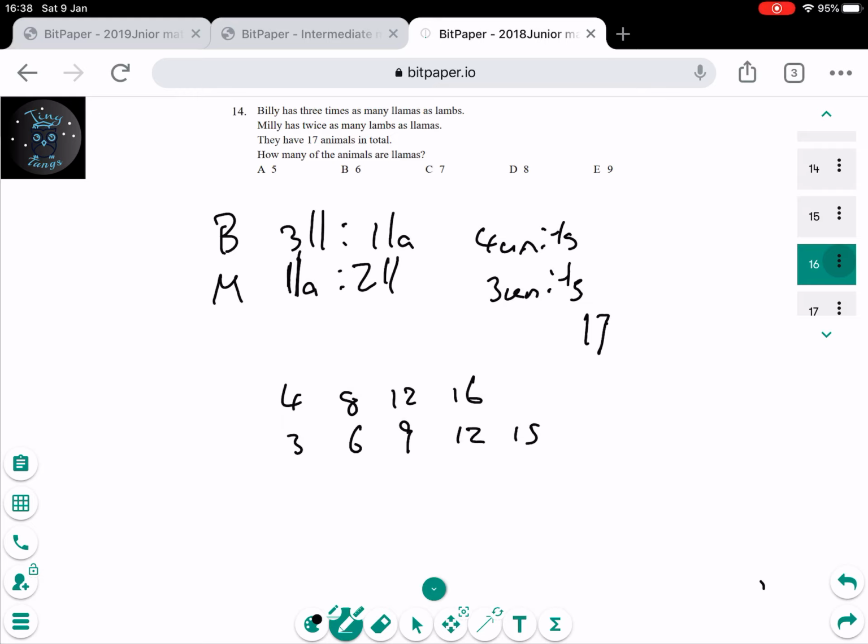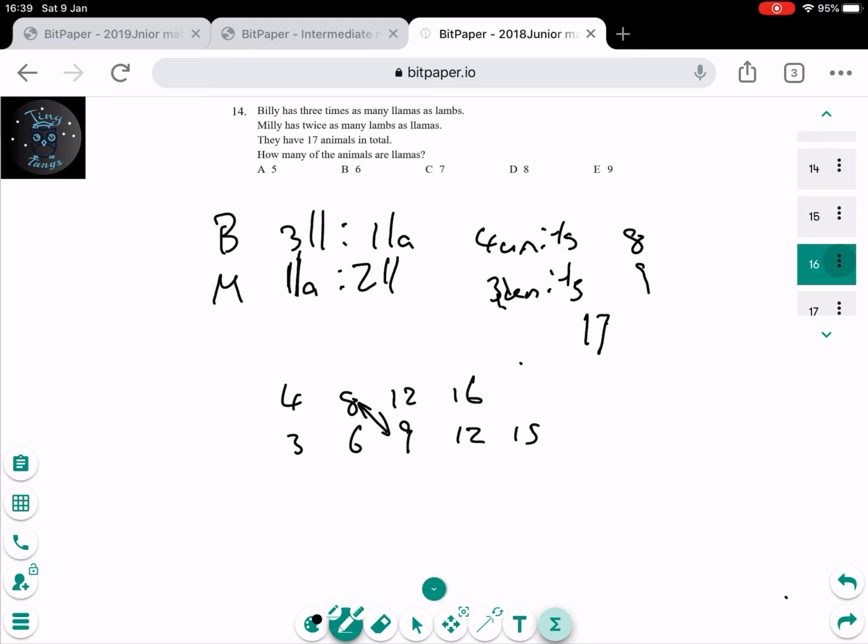So we need to look at 2 numbers that add up to 17. So let's start looking. 8 and 9 is what I think is the only solution. So 8 is a multiple of 4. So 8 and 9. Let's try that.